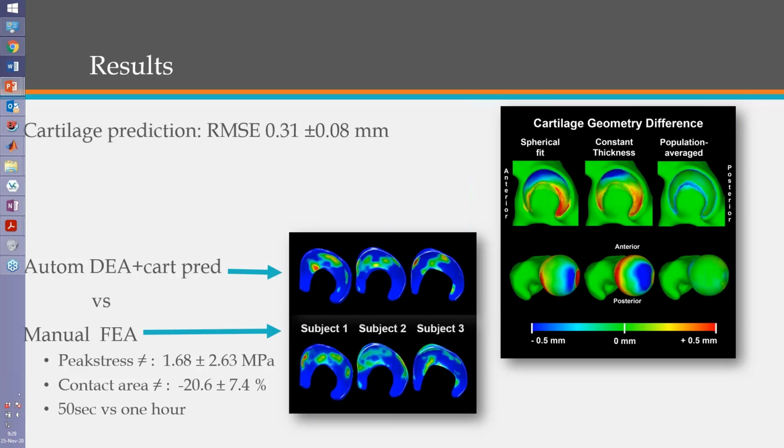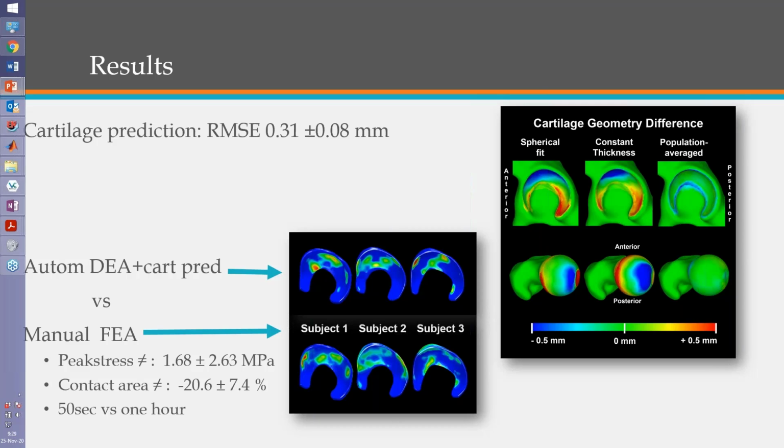So when we combined the DEA protocol with the population average cartilage and compared that to the manual FEA, we saw consistently that the peak stresses on the cartilage were elevated by 1.68 megapascals. The contact area was consistently lower, about 20%.